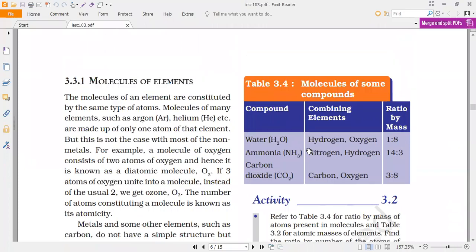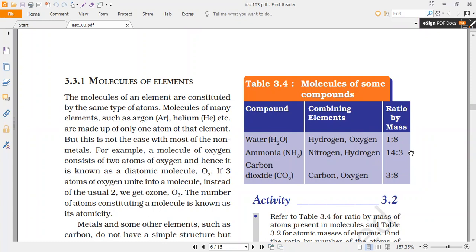Very important. In our textbook, they have given water as H2O. The elemental ratio is 2:1 and the ratio by mass is 1:8. How does it come? We will find these ratios now.